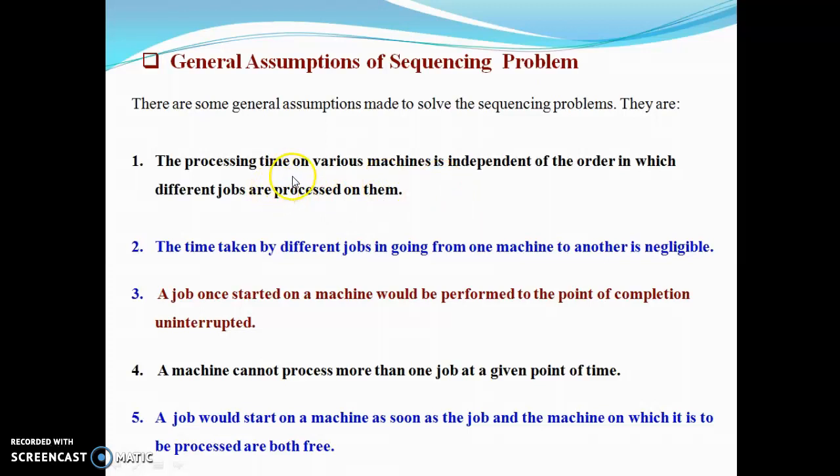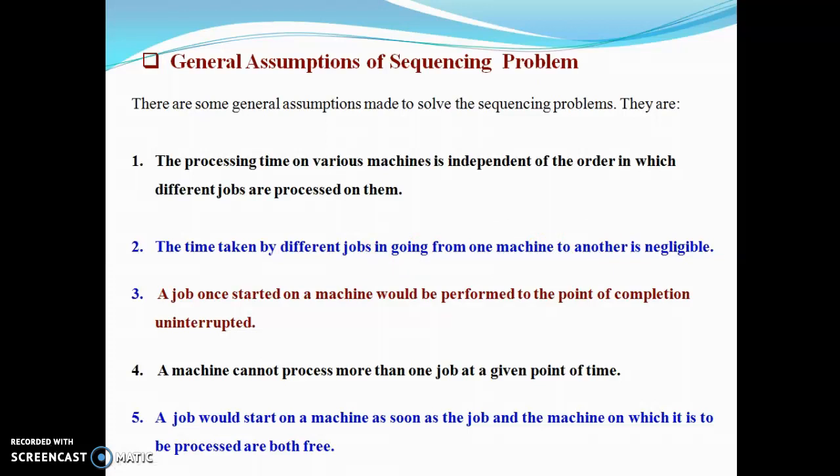The processing time of a job on various machines is independent. And the second, the processing times are known and they do not change. The time taken by the different jobs in going from one machine to another machine is negligible.